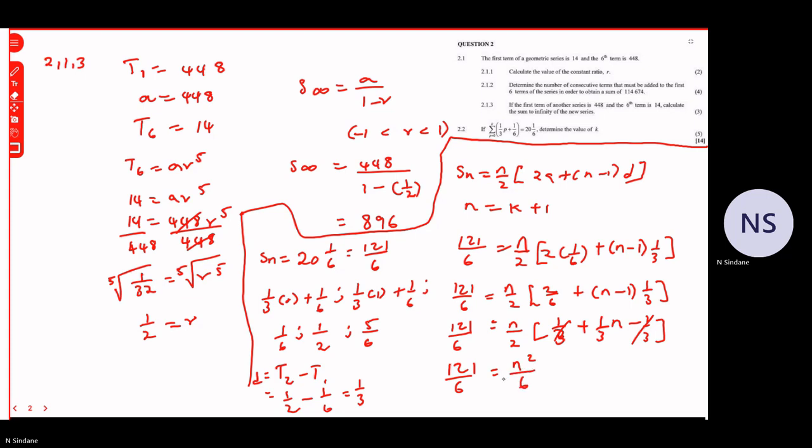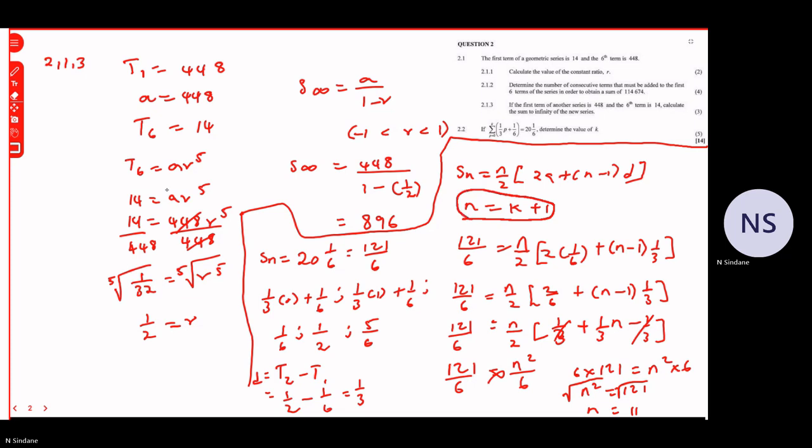If I cross multiply, this will give me 6 multiply 121 is equals to n squared multiply 6, and then n squared is equals to 121, square root, and then n is equals to positive 11, right?